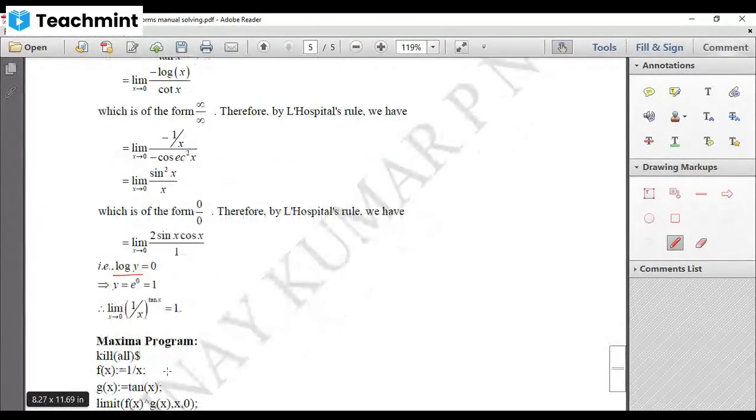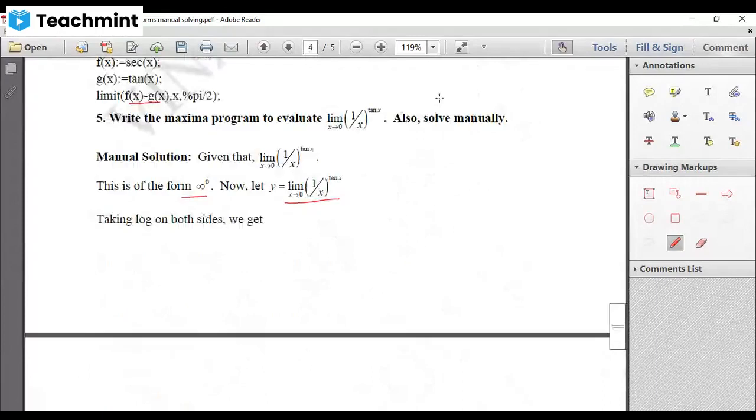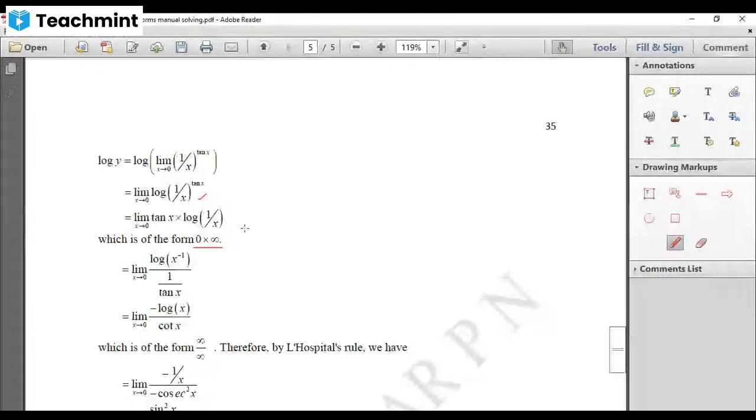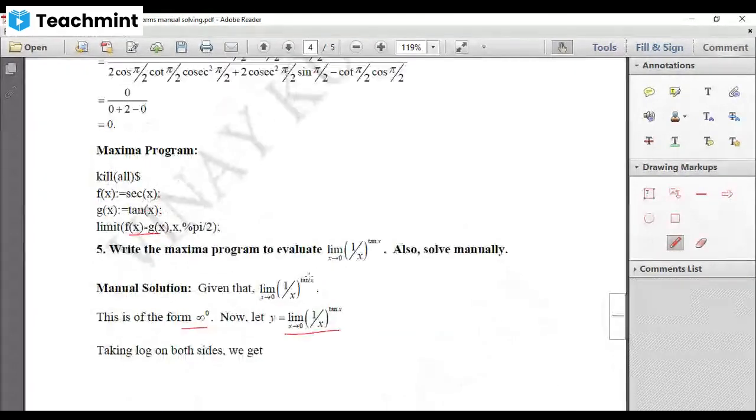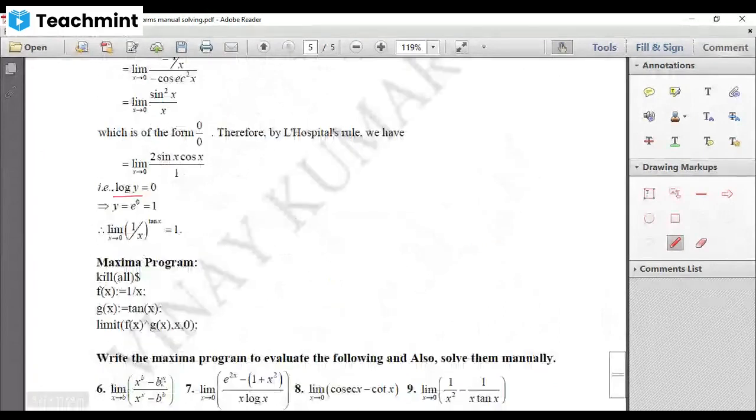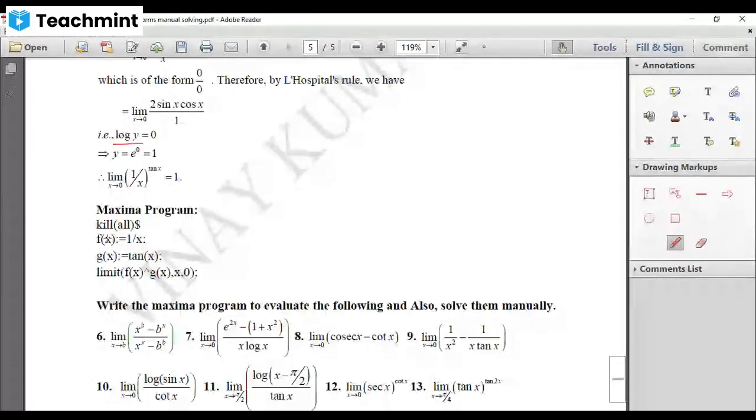Now, how to write Maxima program? Remember, you have to take the base as f of x and power as g of x in problems of this form. So, f of x is assigned with 1 by x. G of x is assigned with the tan of x.